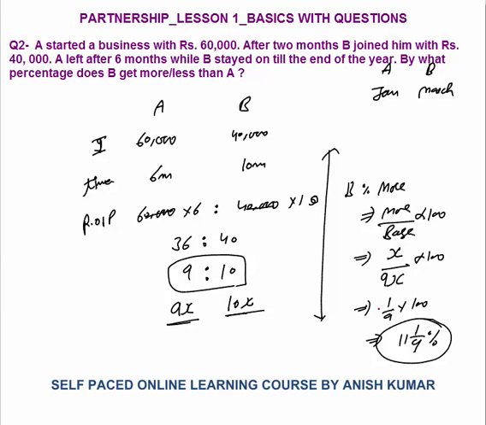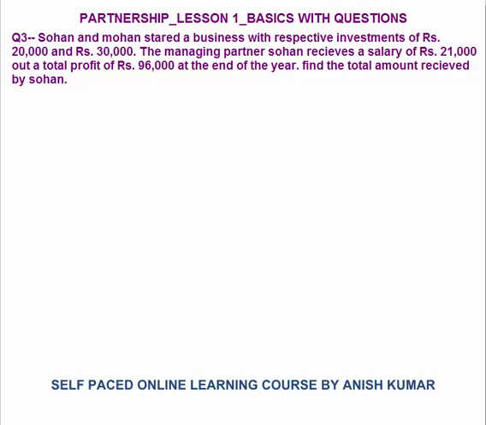Question 3 is, Sohan and Mohan started a business with respective investments of 20,000 and 30,000. This is Sohan's investment, this is Mohan's investment. Sohan invested 20,000 and Mohan 30,000. The managing partner receives a salary of 21,000.